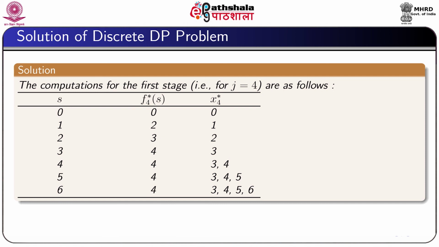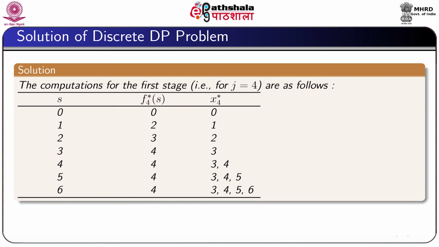See that when the available crates is 4, the maximum profit is 4. So, we can allocate 3 or 4 in the fourth store. If we allocate 3 boxes, then we get the profit 4, as shown in the previous row, and even if we allocate 4 boxes in store 4, then also we get the profit 4.